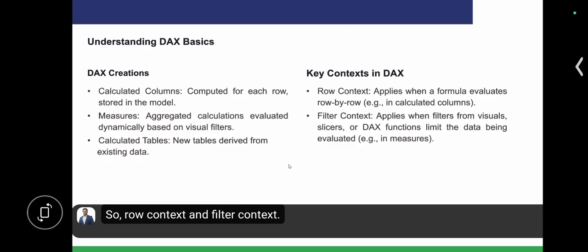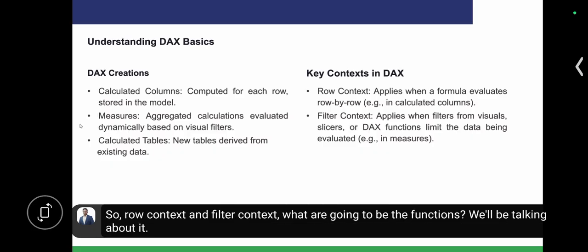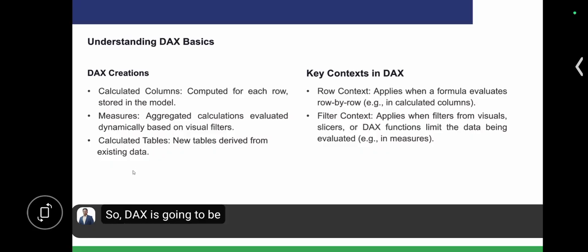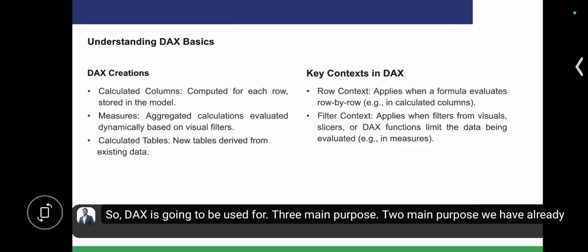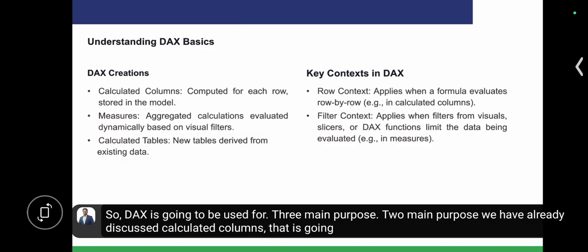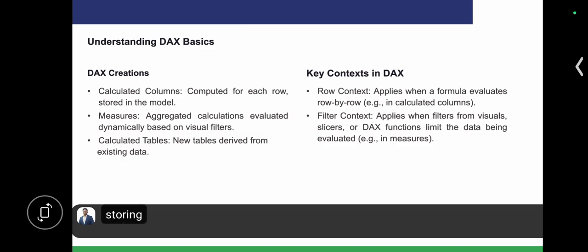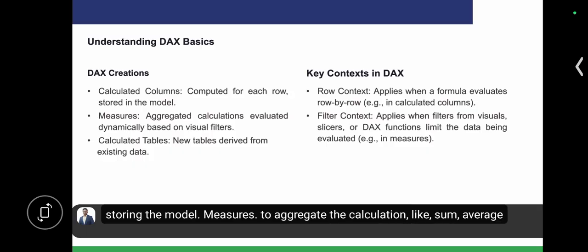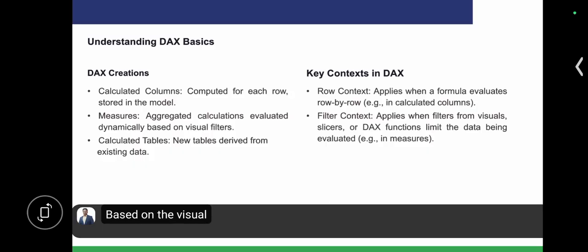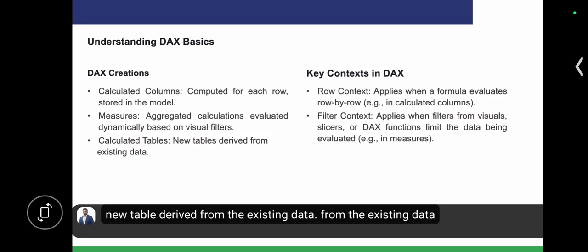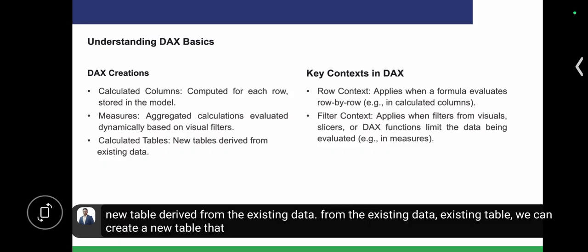DAX is used for three main purposes. Two we have already discussed: calculated columns, that compute each row stored in the model; measures to aggregate the calculation like sum, average based on the visual filter. We can also create a new table derived from the existing data. From the existing table we can create a new table. That time also we can use DAX.